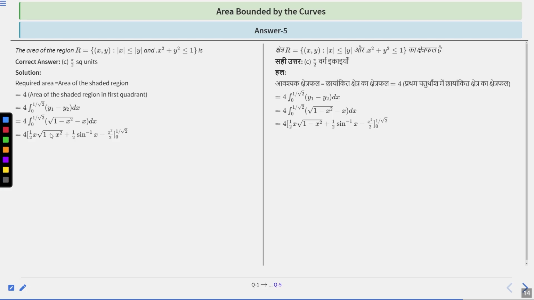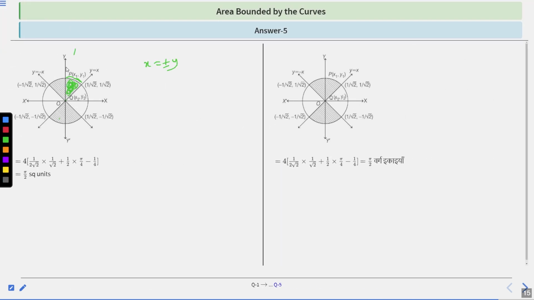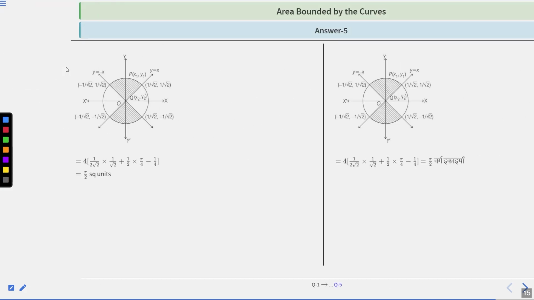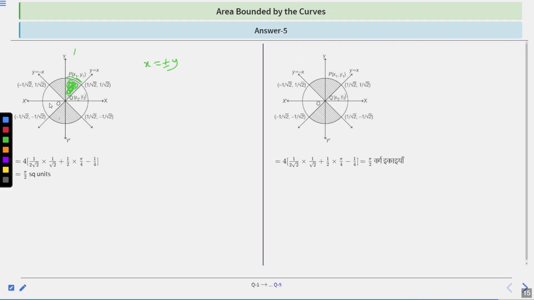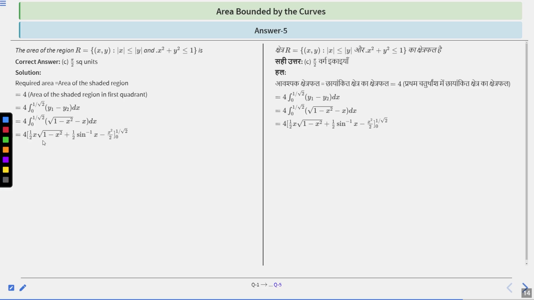And y1 is the circle, which is root over 1 minus x square, and y2 is the line y equal to x. Therefore, minus x dx.